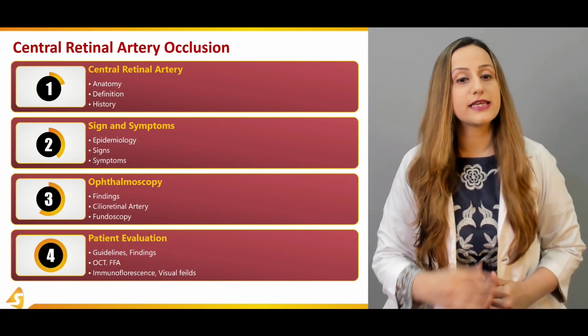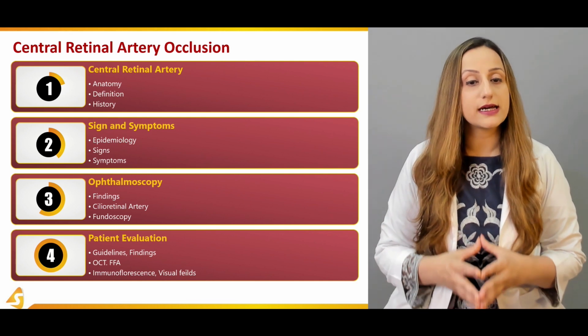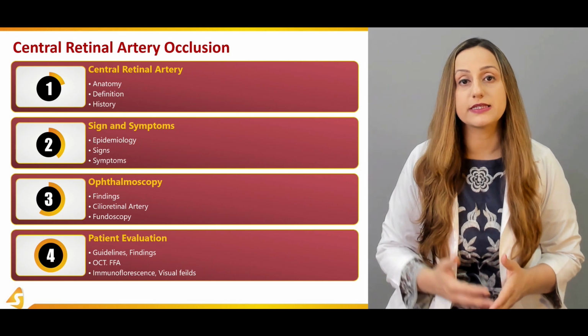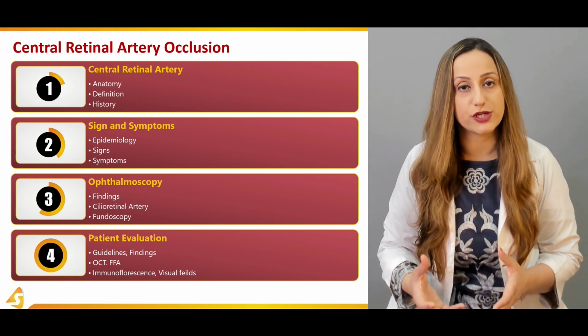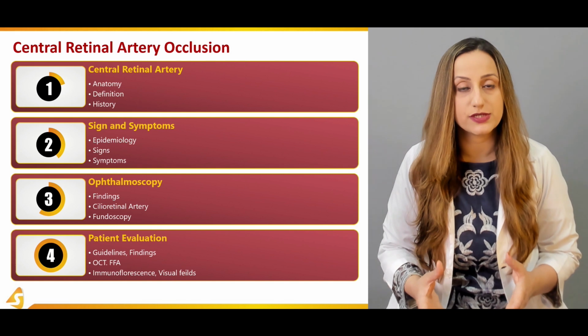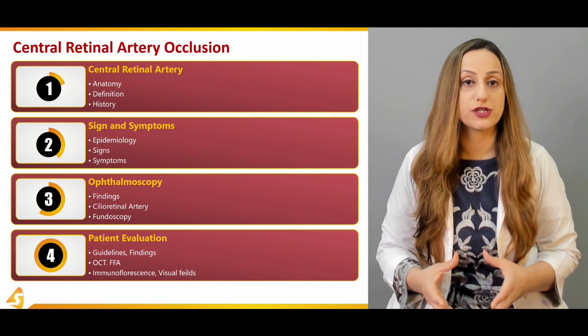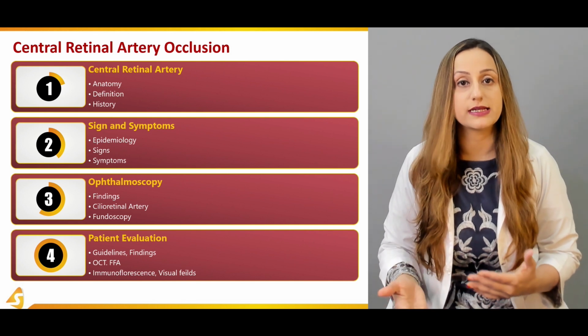In the very first section, we'll be discussing the anatomy, which is basically explaining the blood supply to the ocular structures and towards the orbital structures. Knowing this anatomy and the blood supply of these structures is important because that is what we are discussing.